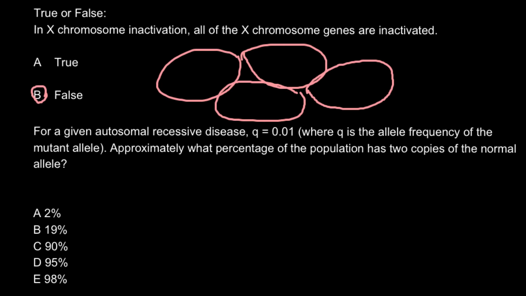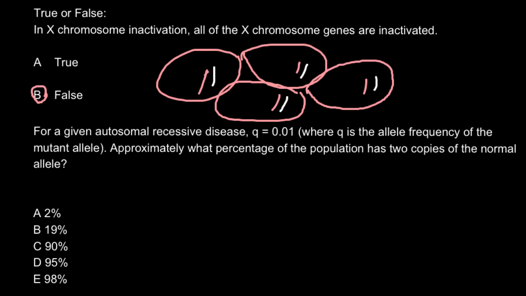So two chromosomes, one from the father side, another from the mother side, and in each of the 10 trillion cells, except red blood cells, because red blood cells don't have chromosomes, randomly one of the X chromosomes would be inactivated.